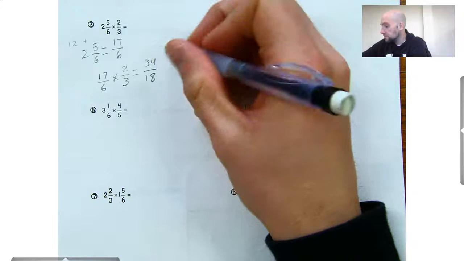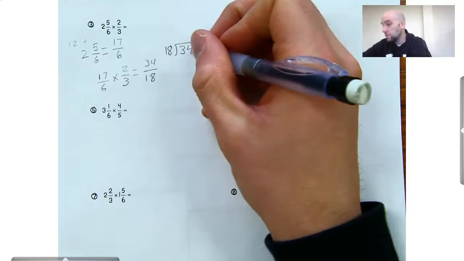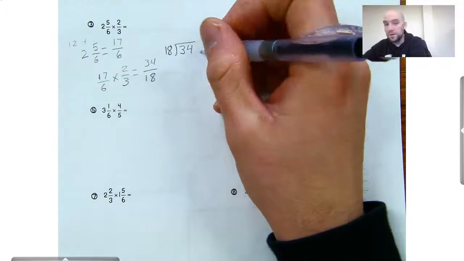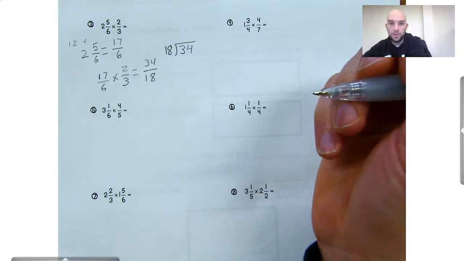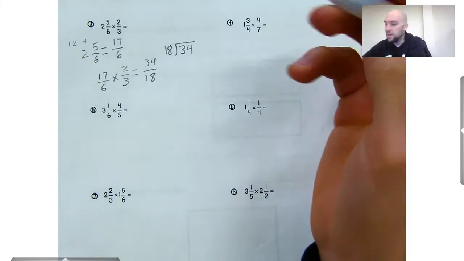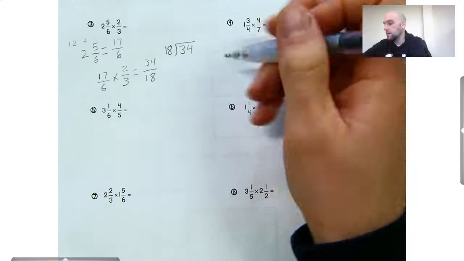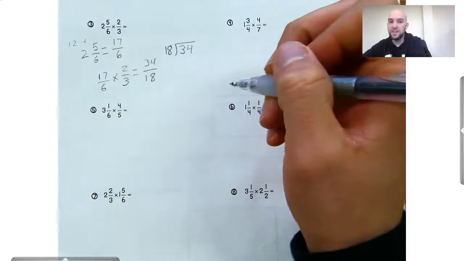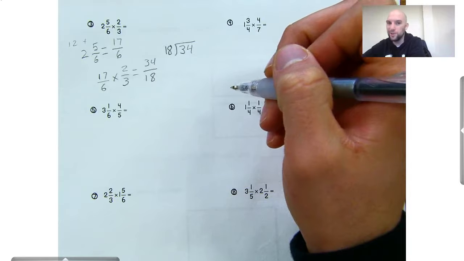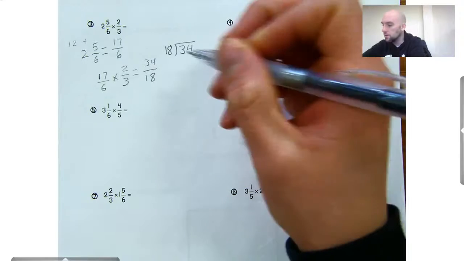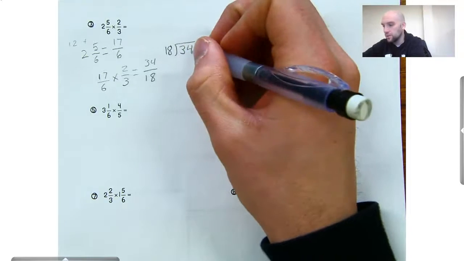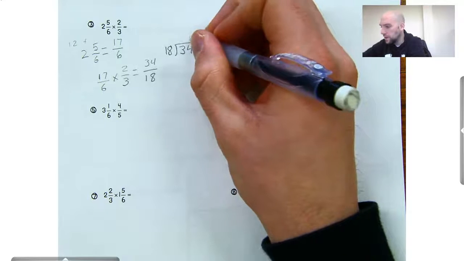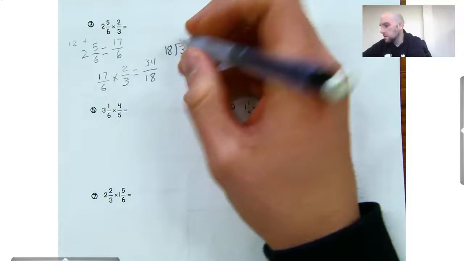And 18 won't go into 3. 18 will go into 34. The question is, will it go in once or will it go in twice? And if we think about our multiples of 18, well, 18 times 1 would be 18. 18 times 2 is 36. So 36 is greater than 34, so it won't go in twice. It's only going to go in once.